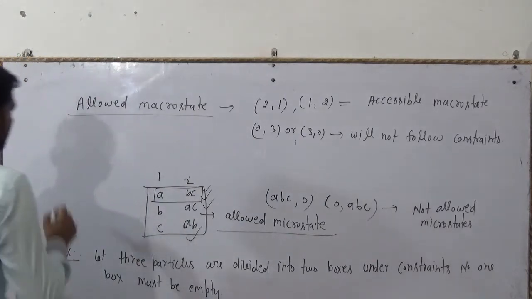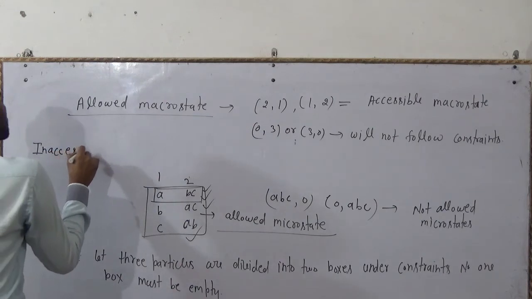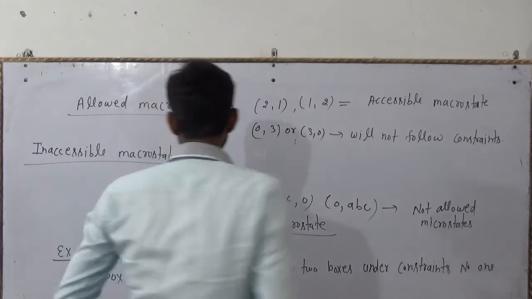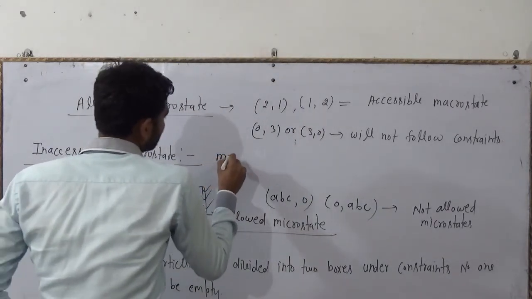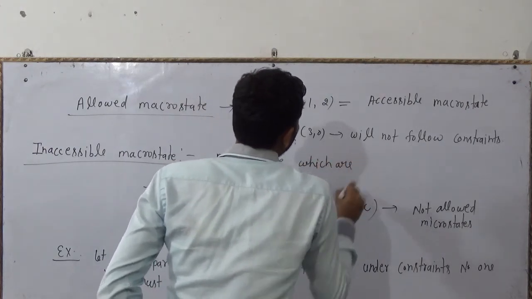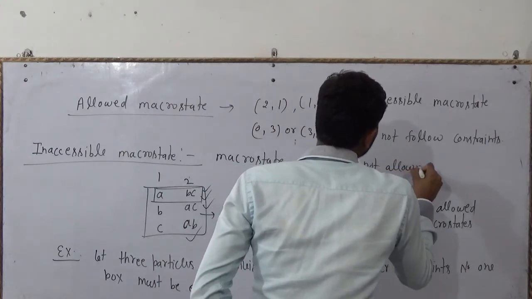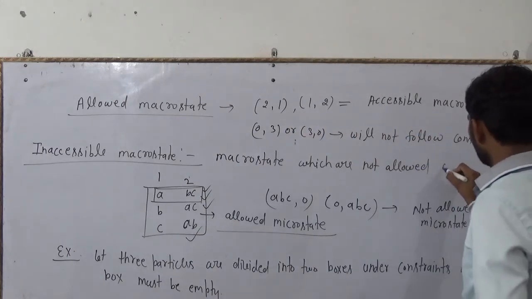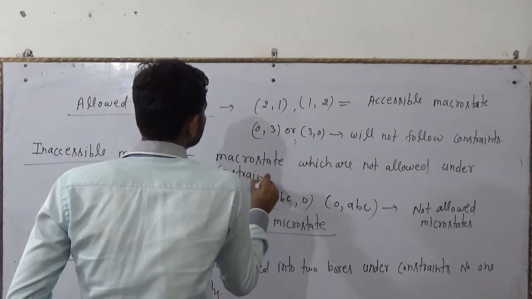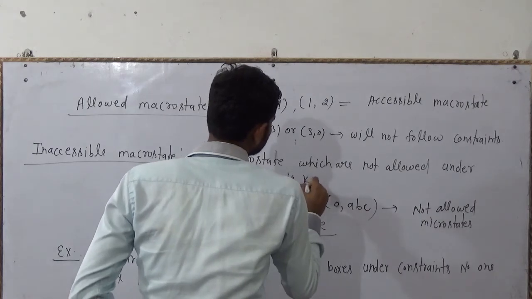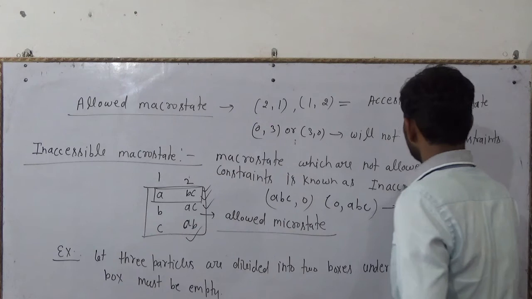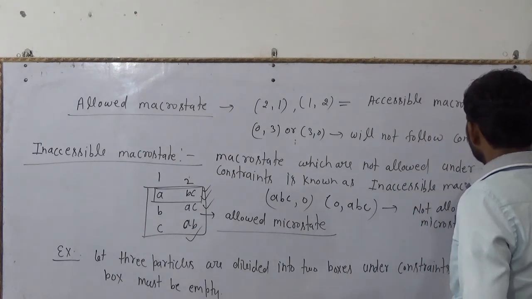The inaccessible microstate: the definition is, microstates which are not allowed under constraints are known as inaccessible microstates.